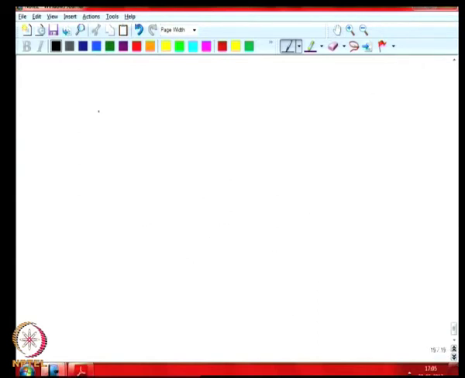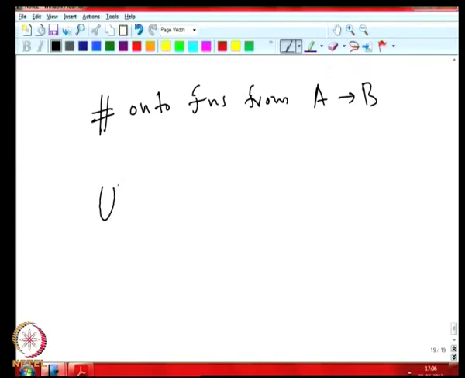So, therefore, the number of onto functions from A to B can now be found by the inclusion exclusion principle.